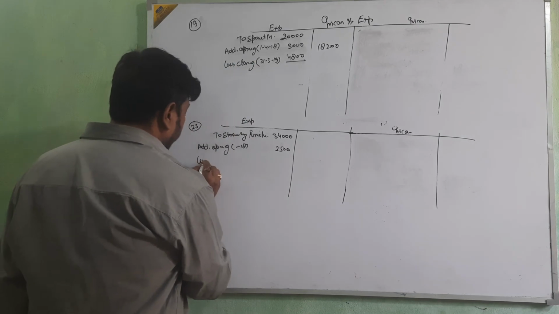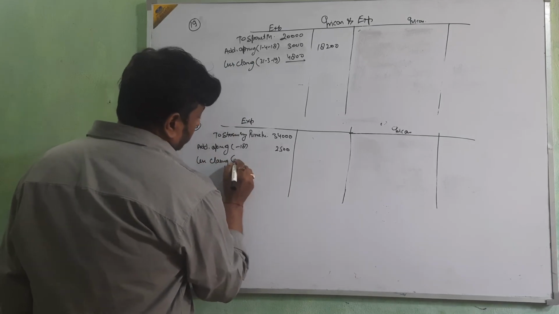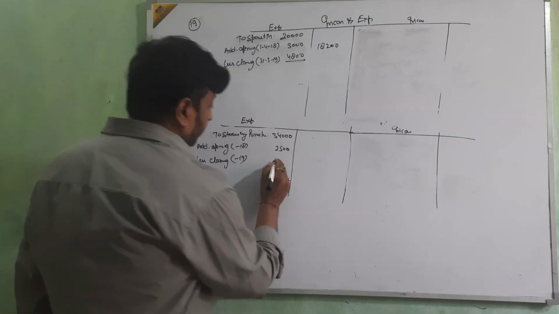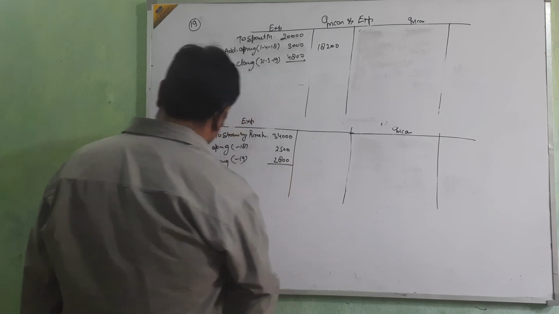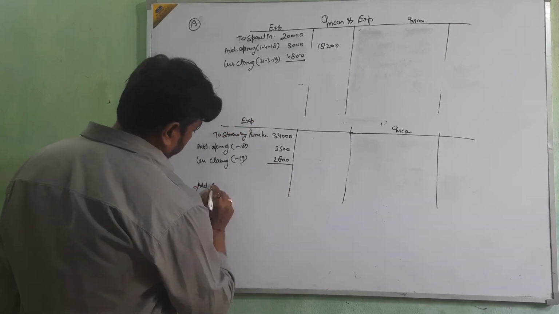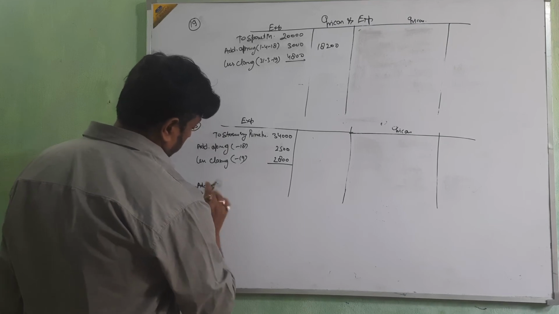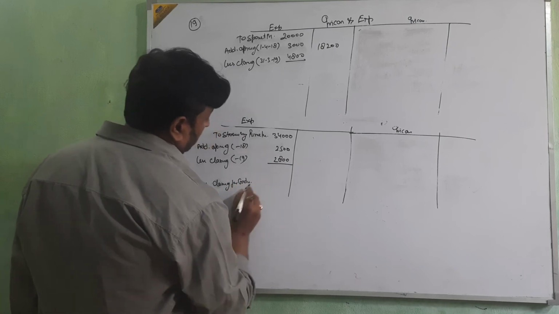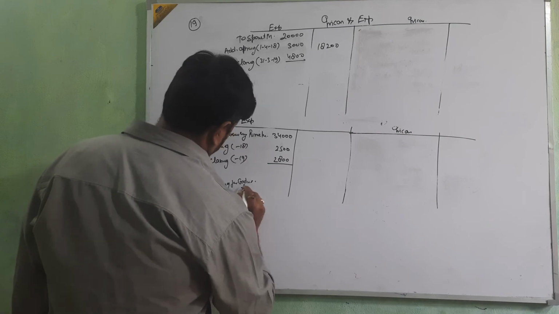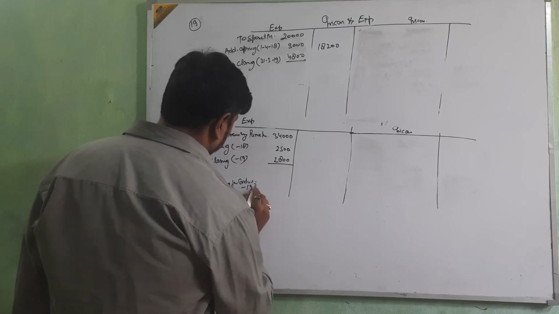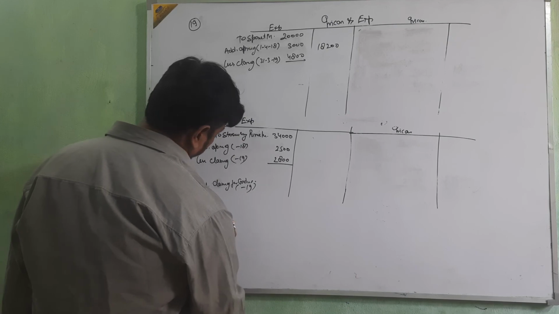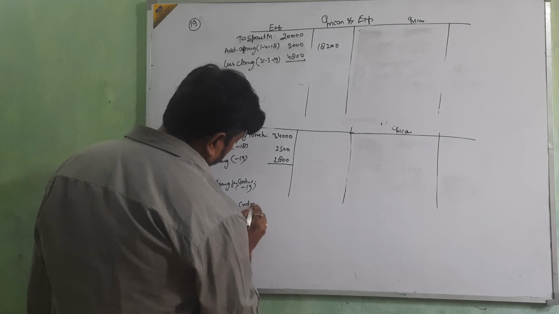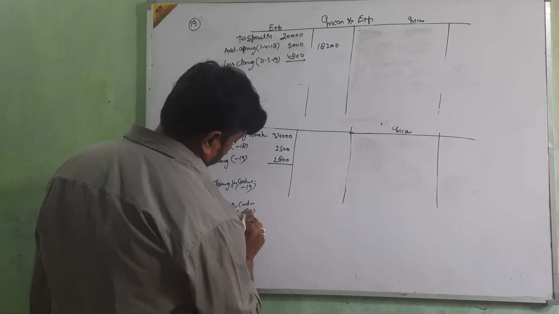Okay beta, then less closing 19, 2,800. Okay, then add closing for creditor for 19 and less opening for creditor 18.